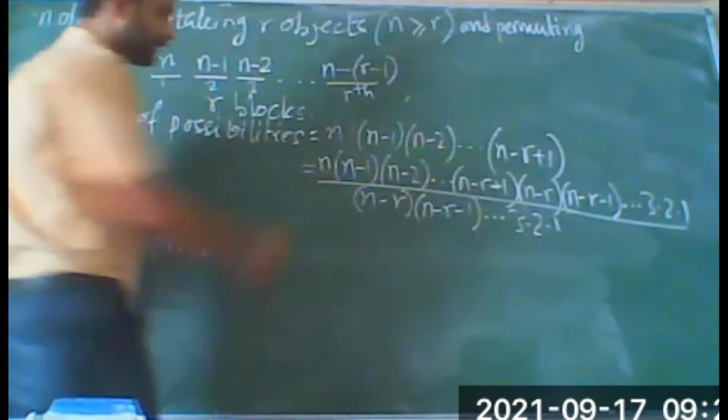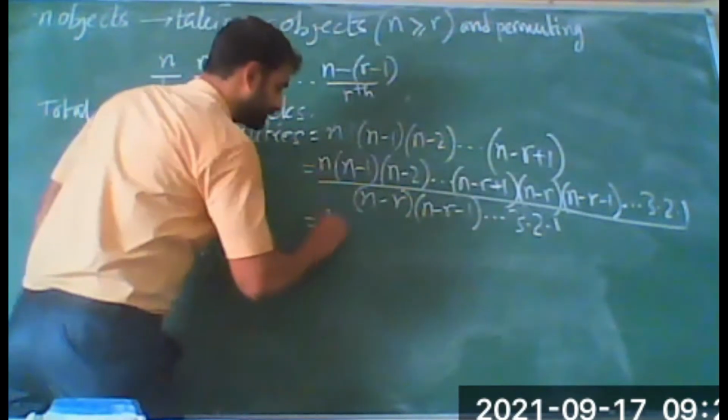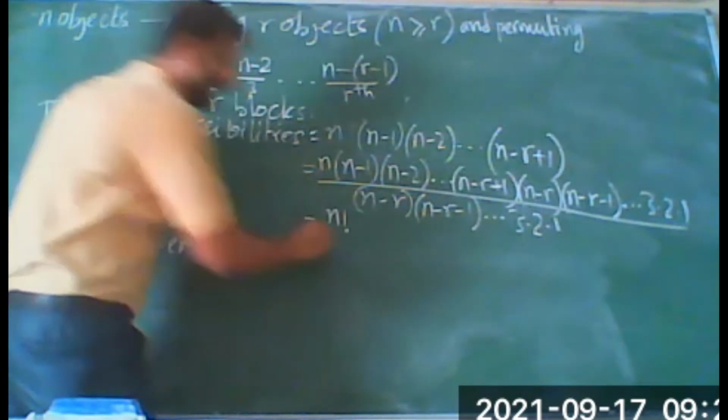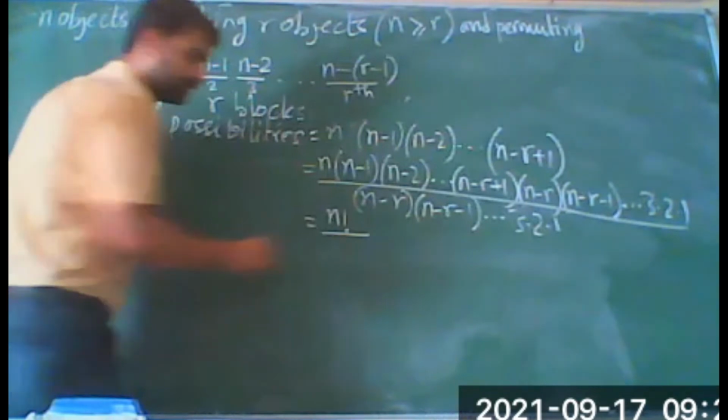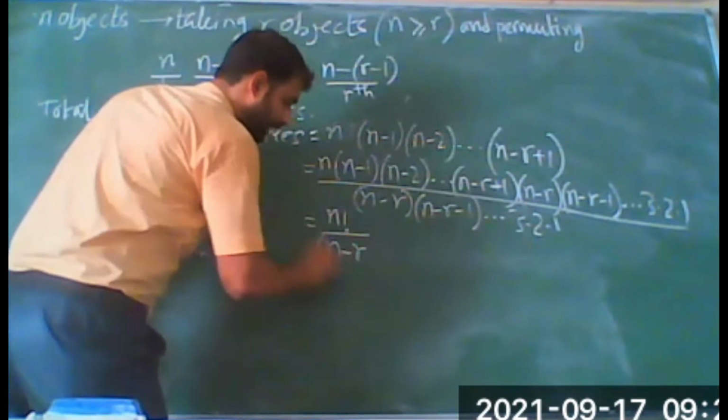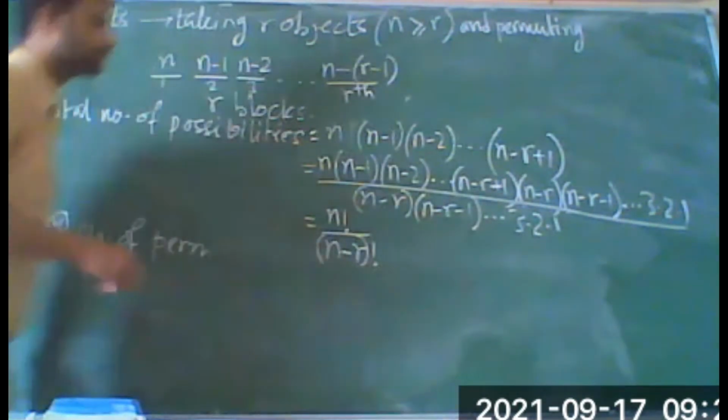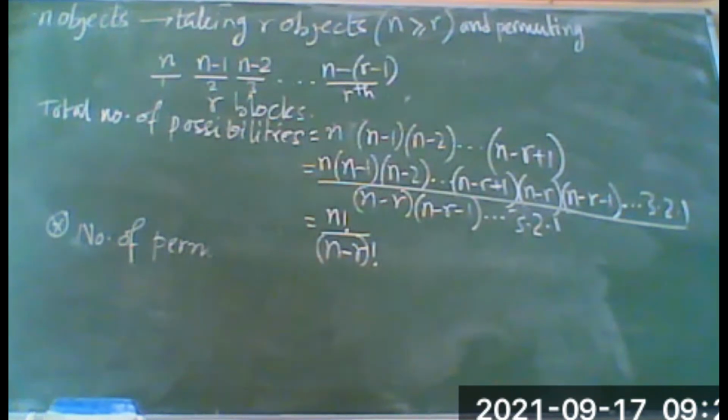So how can we write it here? See, in the numerator we have N factorial, and the denominator is the product from 1 to N minus R. That means we can say it is N minus R factorial, right?